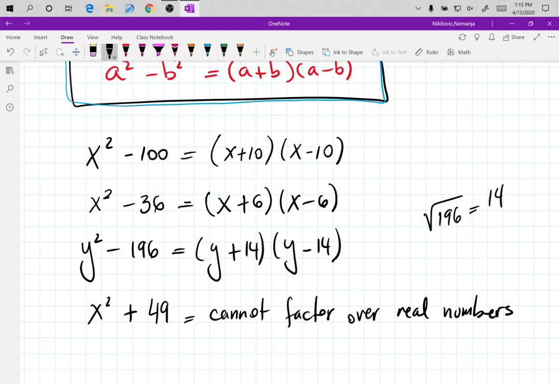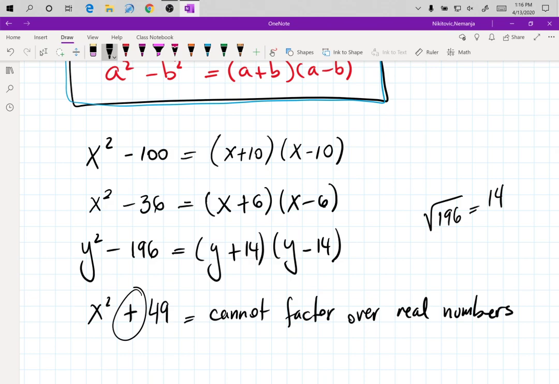Some people say it can't be factored, some people say undefined, that's all wrong. We can factor this with complex numbers, and we will factor this in intermediate algebra, pre-calculus, calculus, differential equations. Later math, we factor this, it's okay. For elementary algebra, we do not factor this one.